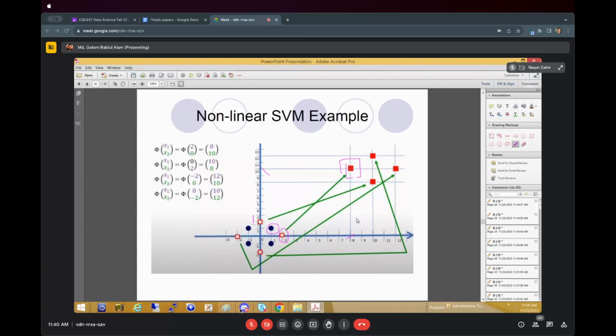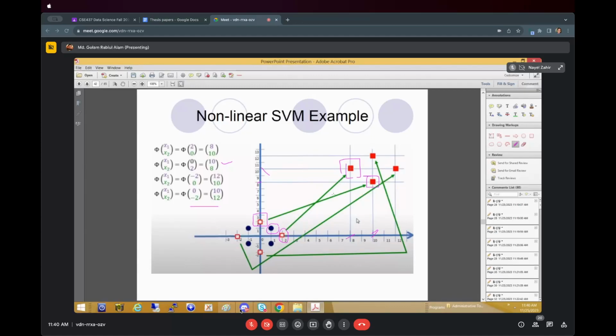And now we can see another, that is 0, 2. So 0, 2 is now 10, 8. Here is the 10 and 8 is this, this is the place.